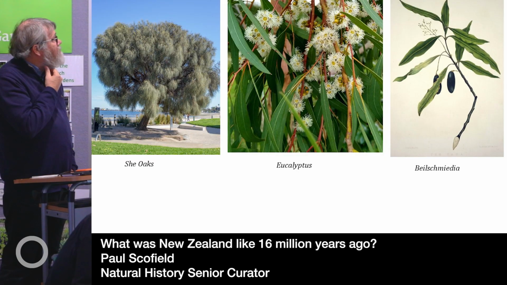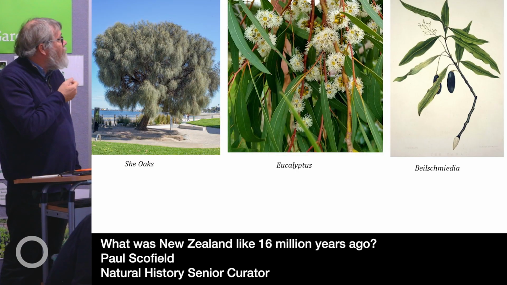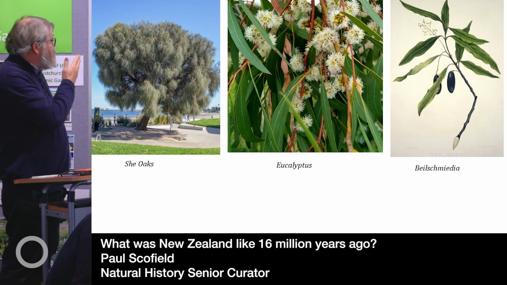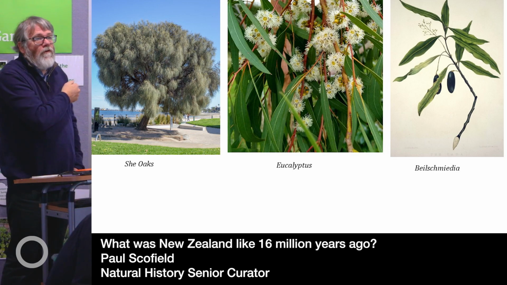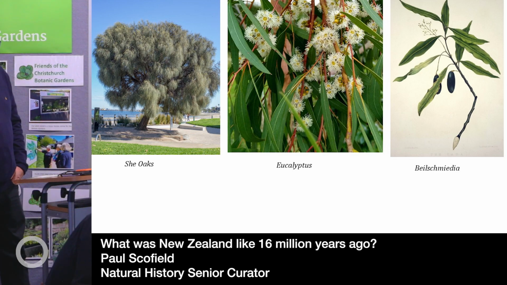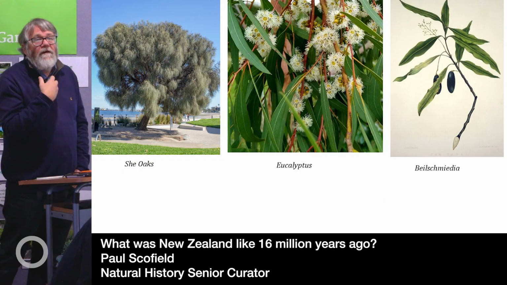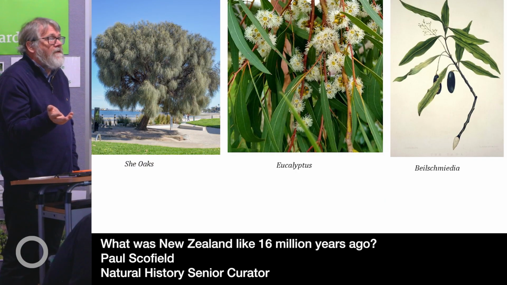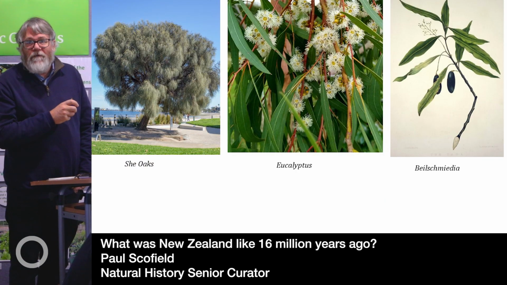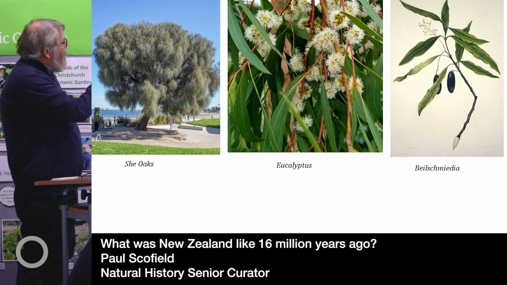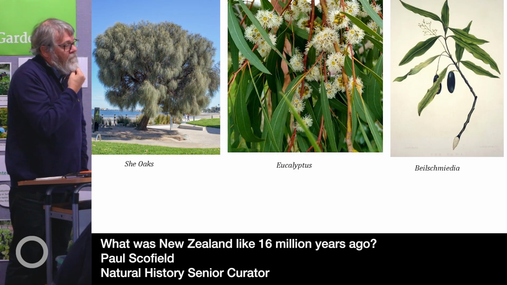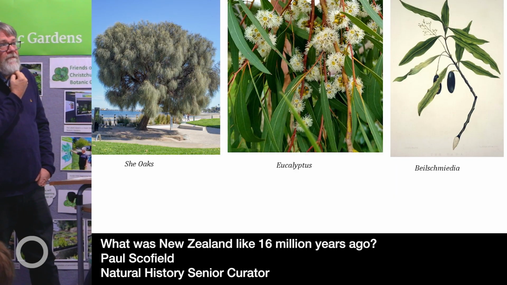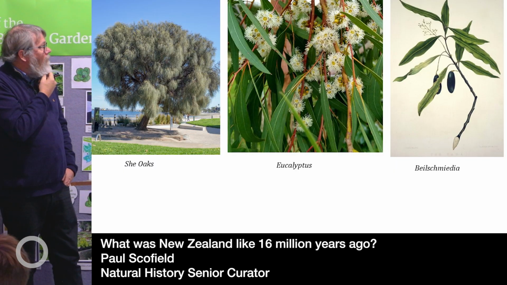Three of the most numerous fossils from this site are actually from the she-oak group, the casuarinas, completely absent from the New Zealand native flora today, but an absolutely fundamental part of the Australian flora. The eucalyptus was a very abundant species during this period.